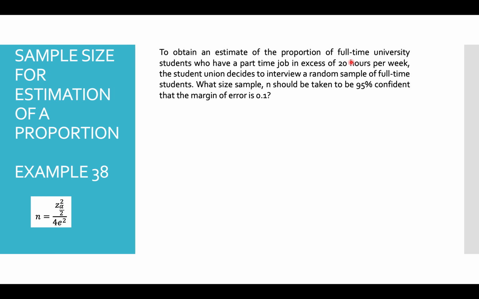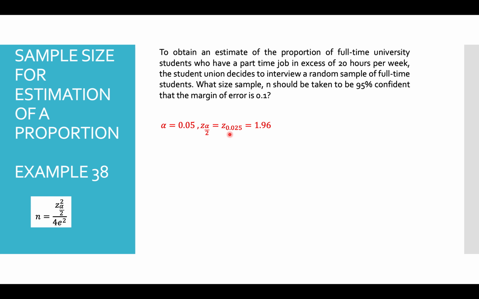You can see from the statement that there is no information about the proportion value, so that's why the case is unknown population proportion. What we have here is only the value of alpha, which is 0.05.